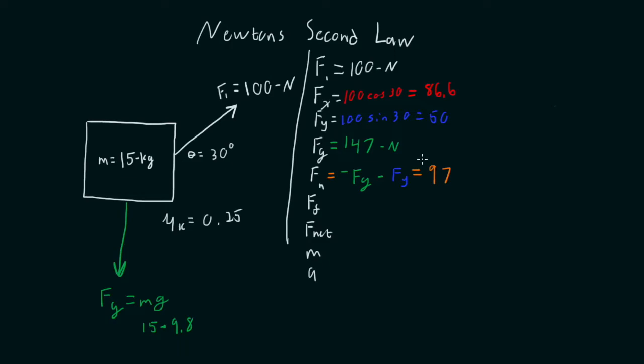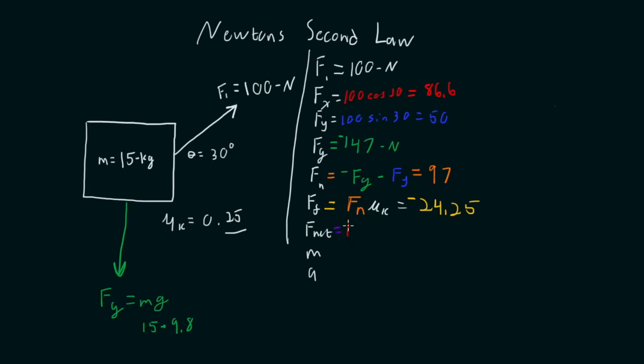Let's put the proper negative sign on that force of gravity. And then force of friction. What is that going to be? Well, that's going to be my Fn times my mu k, which in this problem is 0.25. 97 times 0.25, and that gives me 24.25.